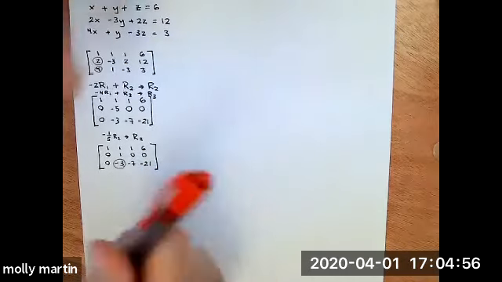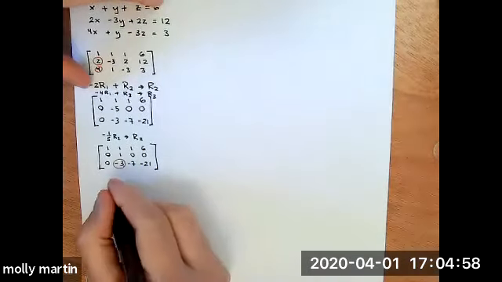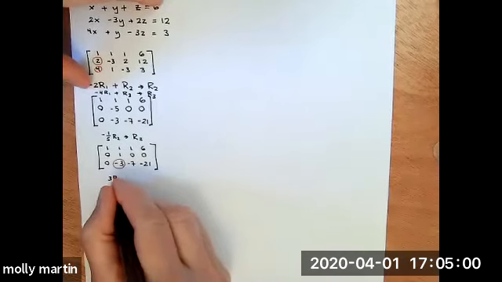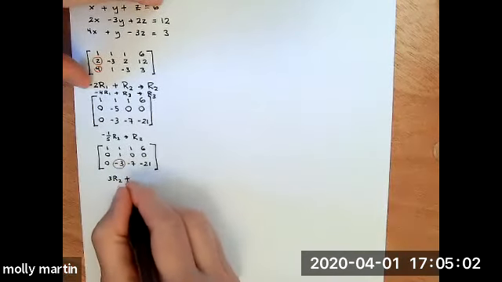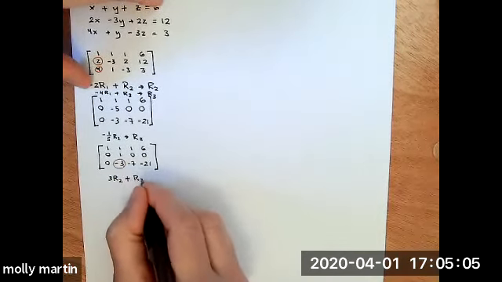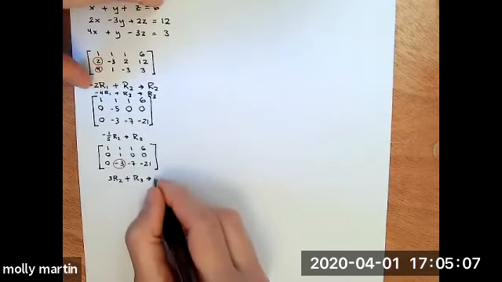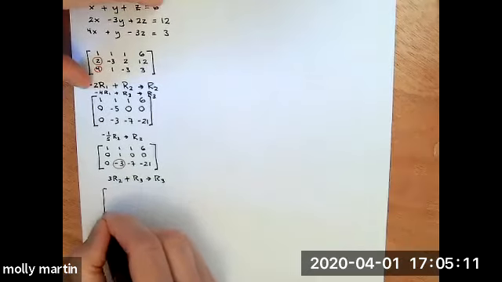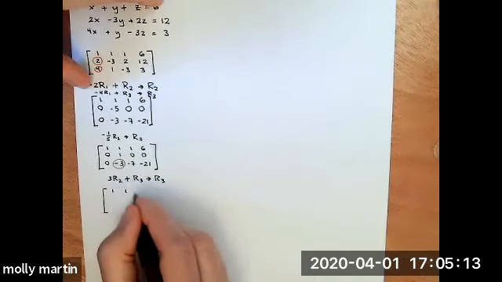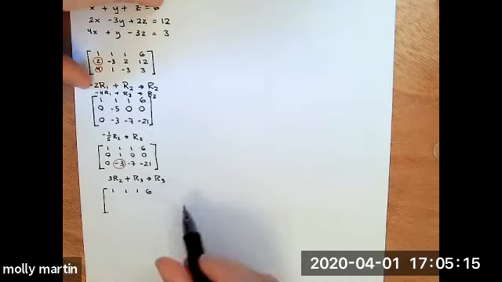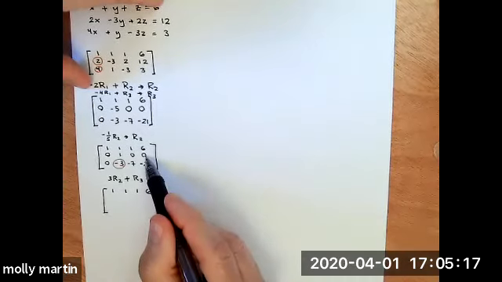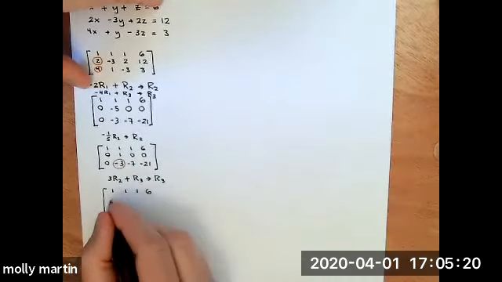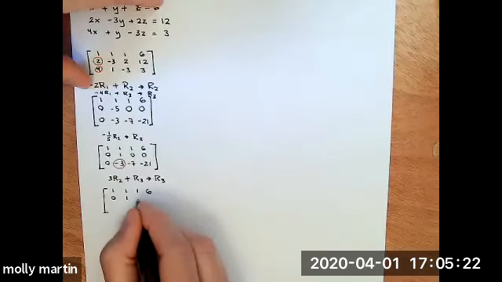So I'll use row 2. 3 row 2 plus row 3 gives me a new row 3. Again, the row that you are using stays the same.